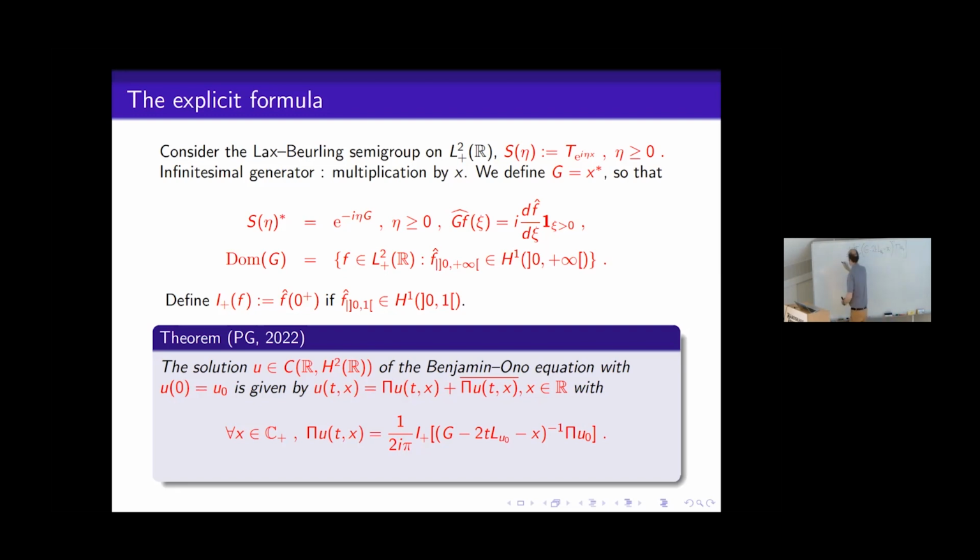And this is Pi u of t, x. This resolvent is well defined because the imaginary part of x is strictly positive. Of course, we are interested in what's going on for x real, but if you know a holomorphic function in the upper half plane, you know its trace on the real line. And that's the trick.